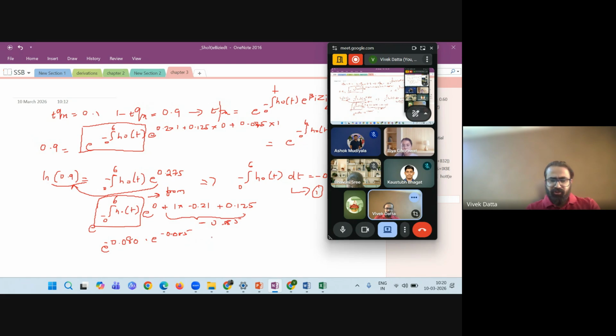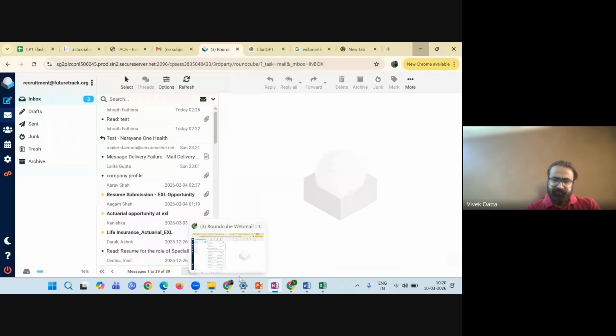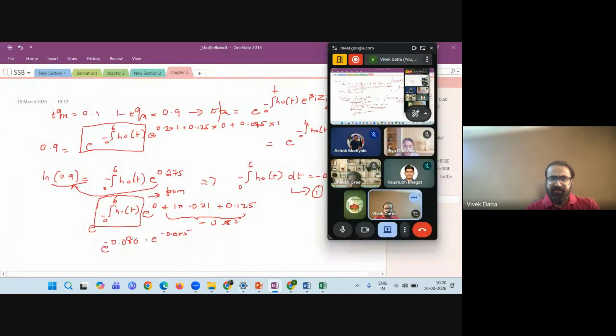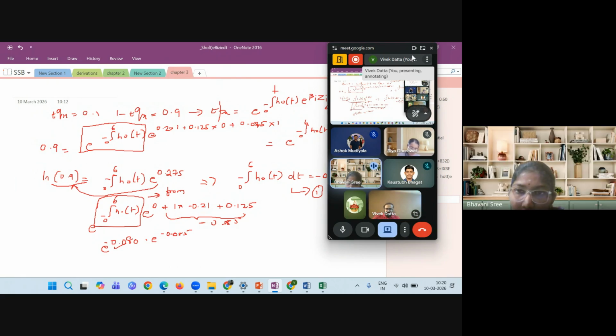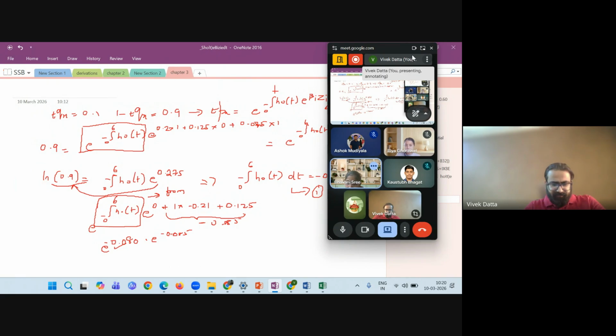No worries. So here we know this value is minus 0.08. Yes, this one is clear. What is the value of e raised to minus 0.085? 0.9185. Okay.